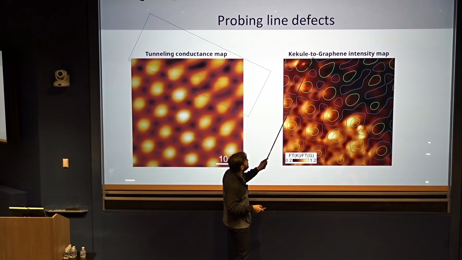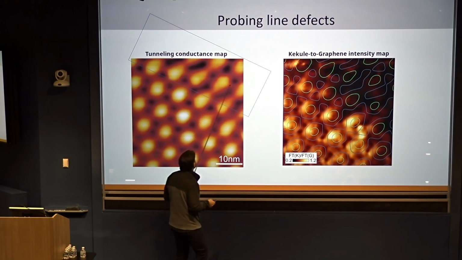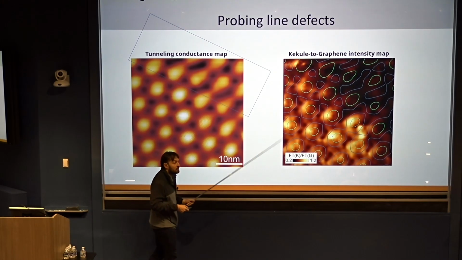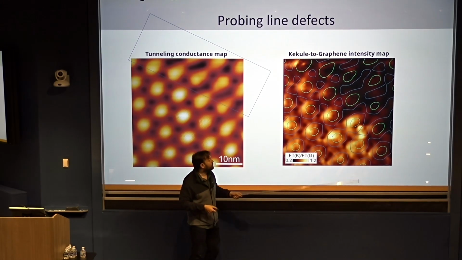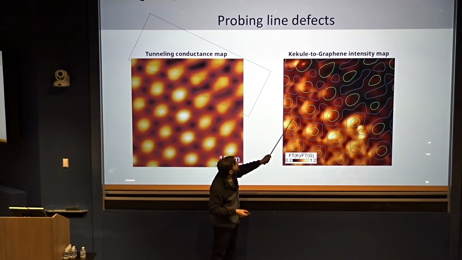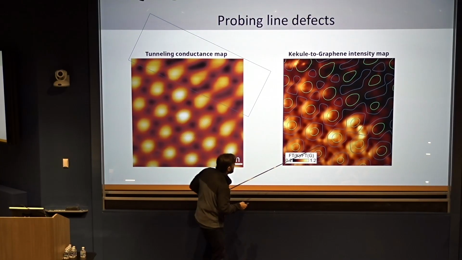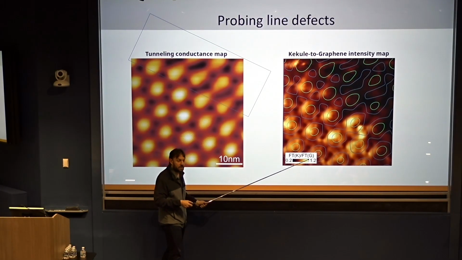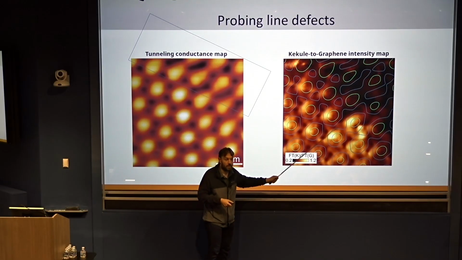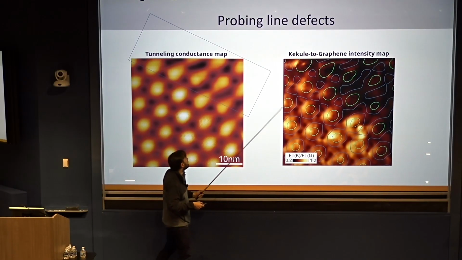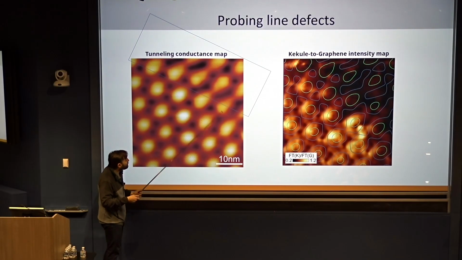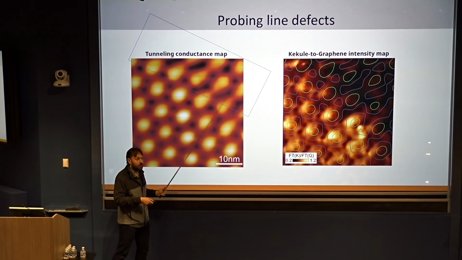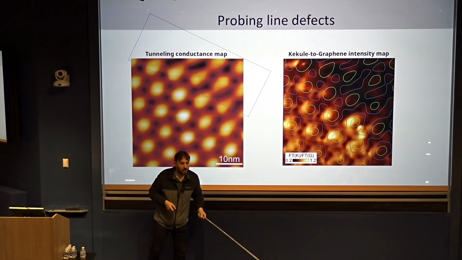Close to this region, not only does the gap disappear, but also this intensity signal, the ratio of the Kekule Fourier peak divided by the graphene peak, disappears at the same point. So not only do we not have a gap there, for the same filling factor range we also don't have a Kekule signal there.